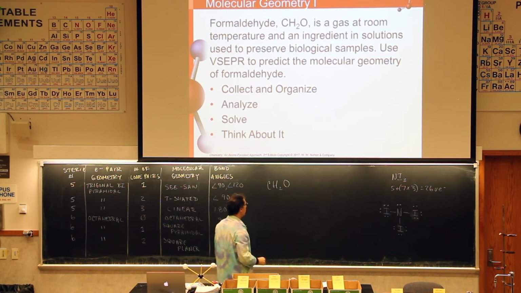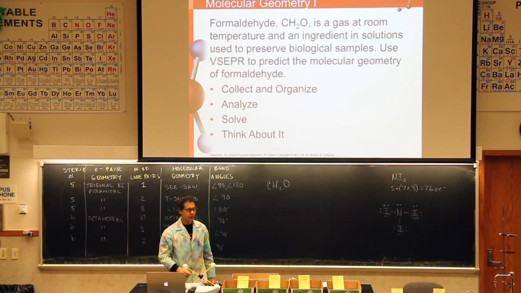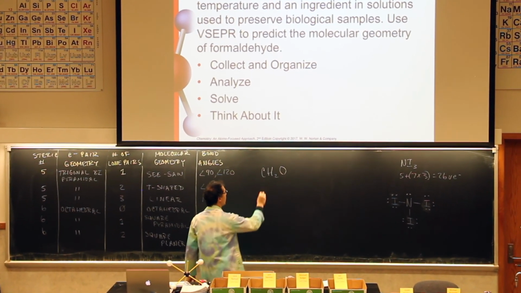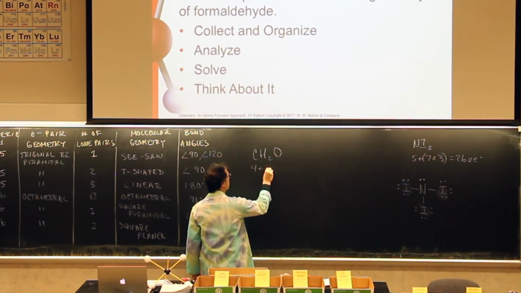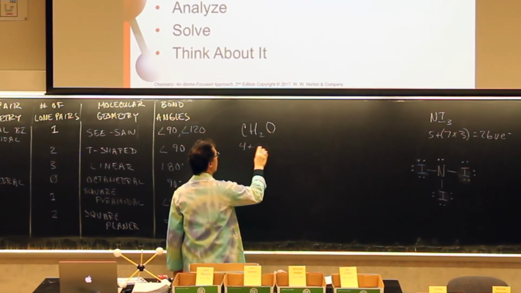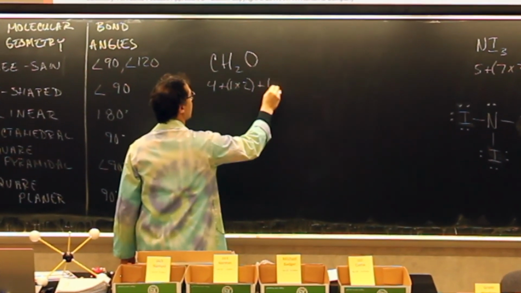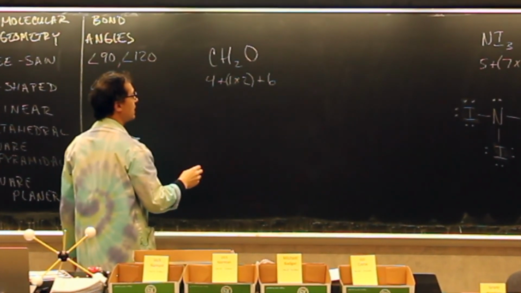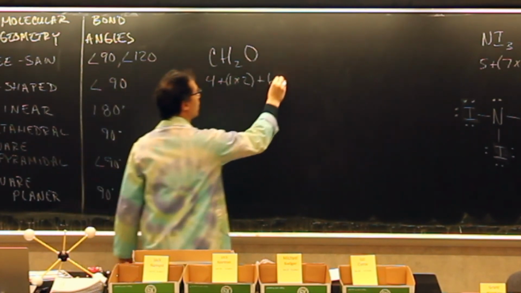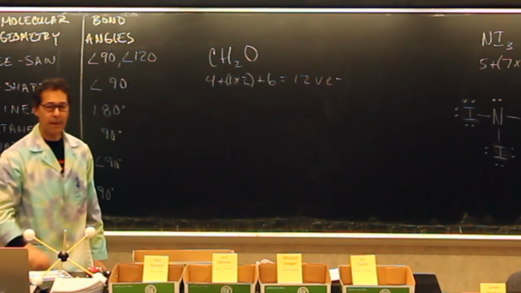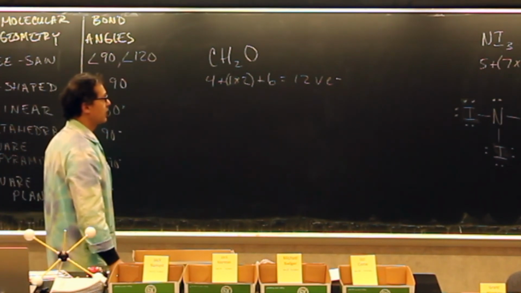CH2O. Okay, so I need to do my Lewis structure for this. And I can count up my valence electrons. Carbon has 4. Hydrogen has 1 times 2 hydrogens. And oxygen has 6. So that's going to be 10 plus 2 is 12 valence electrons. And then I need to pick my central atom.